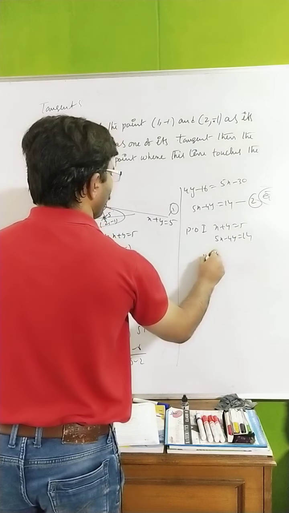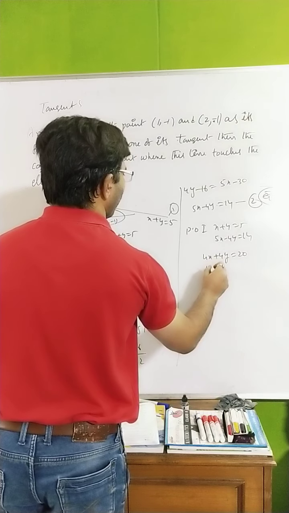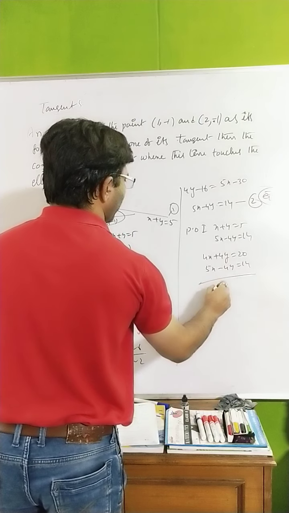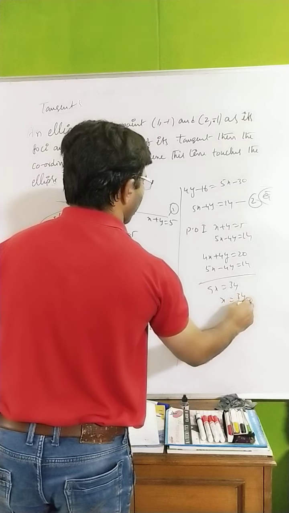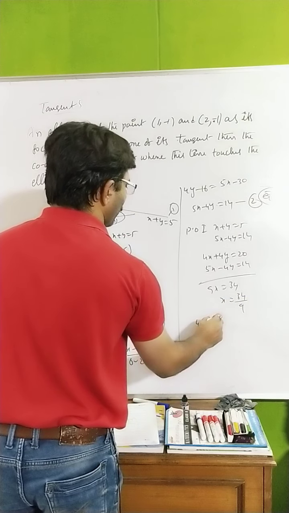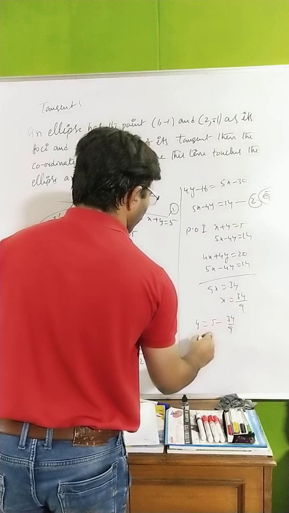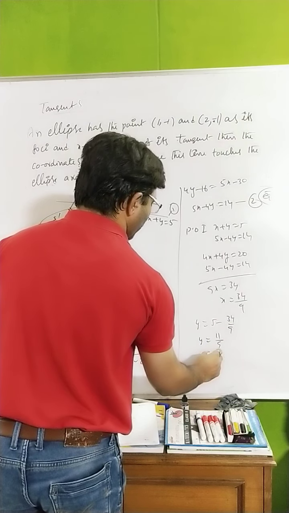Do one thing, 4x plus 4y is equal to 20, and here 5x minus 4y is equal to 14. While adding, 9x is equal to 34. x is equal to 34 by 9. So y is equal to 5 minus 34 by 9, so y is equal to 11 by 9. So the point is x comma y.